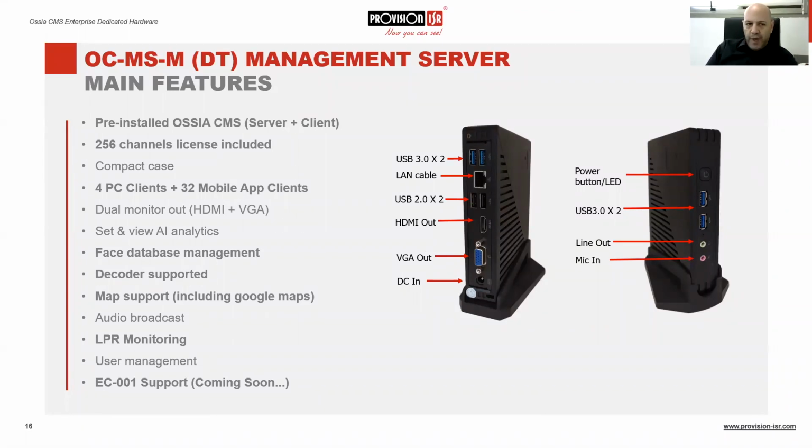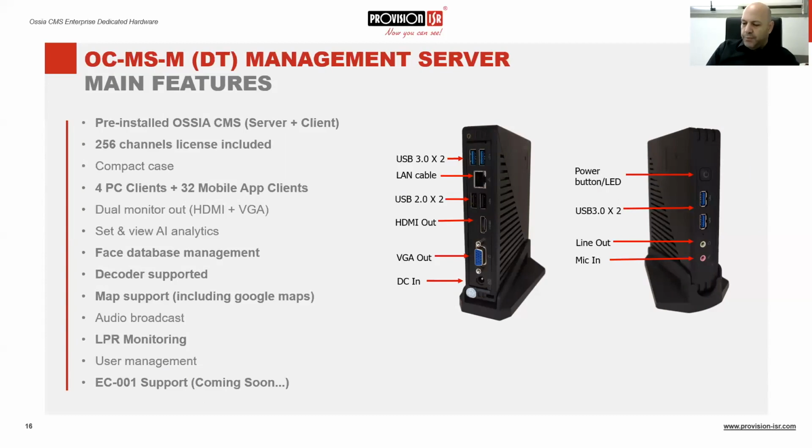And then he needs to pay for the licenses. This one supports up to 256. So let's say he has a 100 or 200 channel system. He pays around $3,000 to $3,500 for a PC server, and then buys the licenses from you for Provision-ISR, and he pays roughly $7,000 to $8,000 for the system.